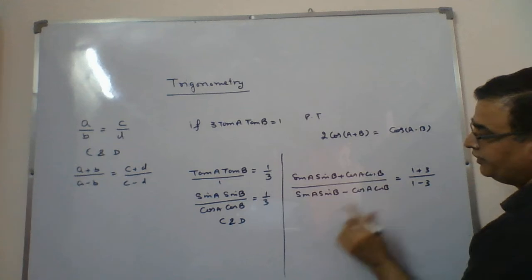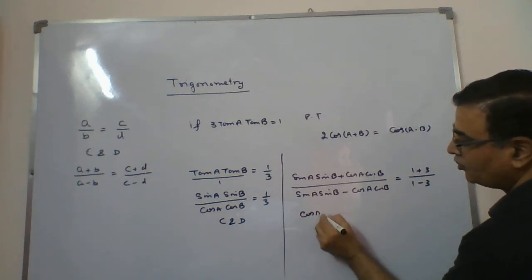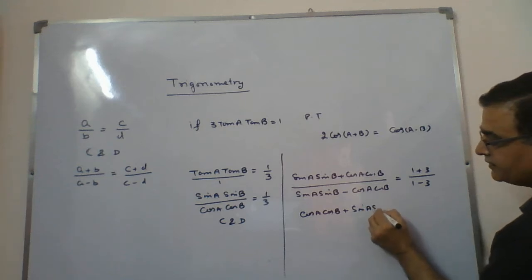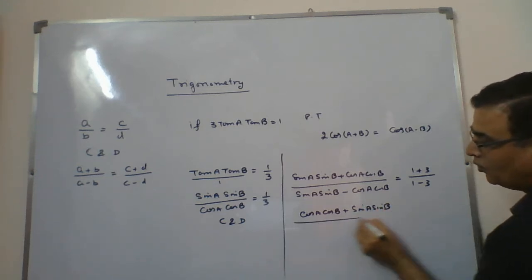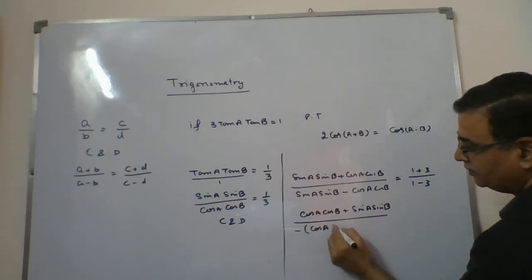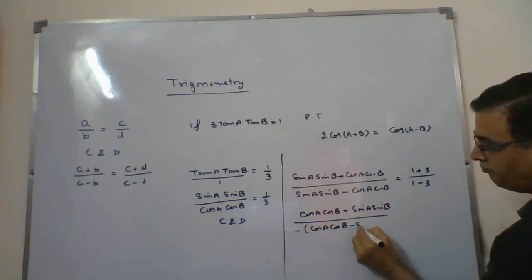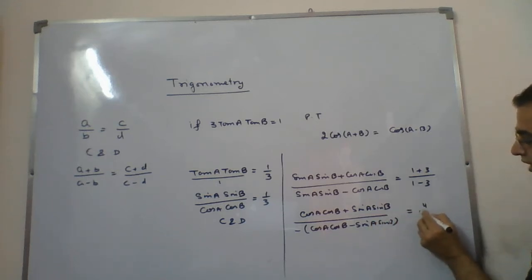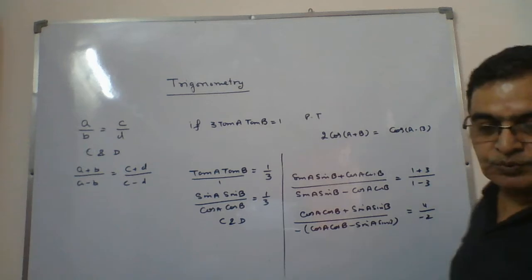Now when you solve it, it will be in proper form. I'll write cos A cos B plus sin A sin B, whole divided by minus, I'll take common now, cos A cos B minus sin A sin B. That is coming 4 by minus 2.